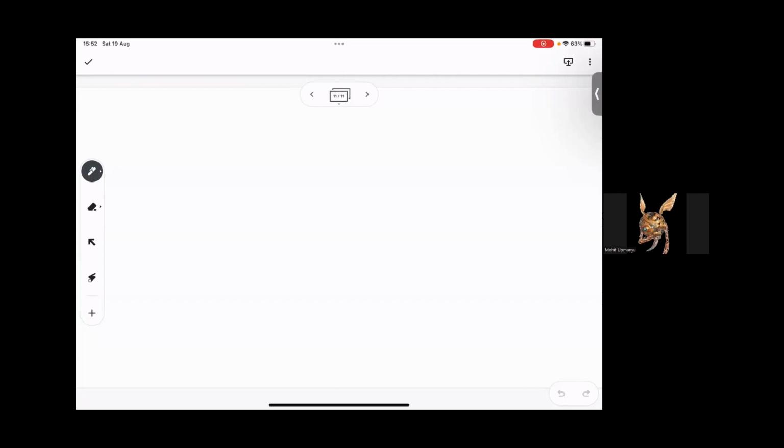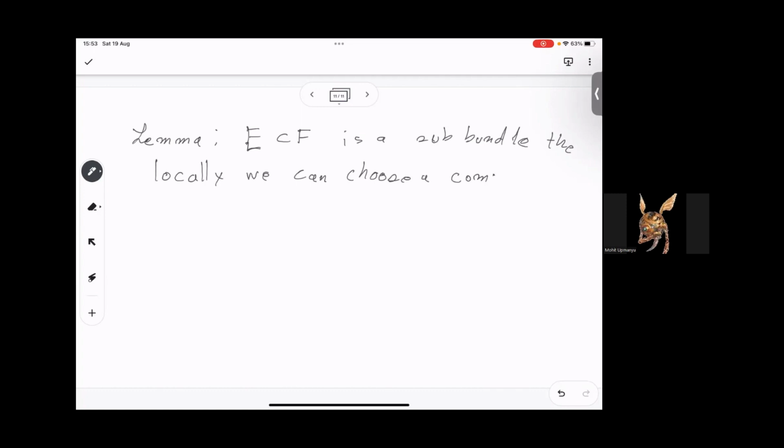So for that, we will need a lemma. If E is a subbundle of F, then locally we can choose a complement. Okay, so how do we choose a complement?